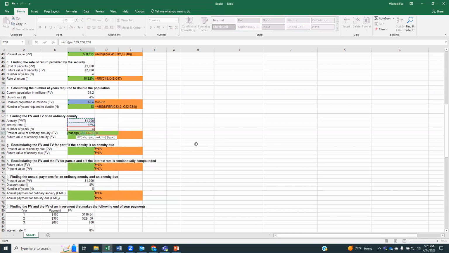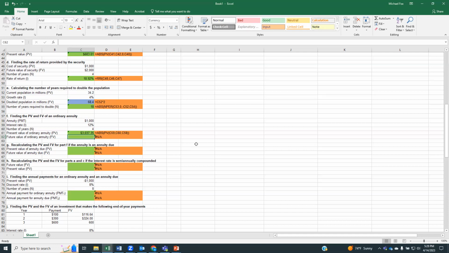So what this means is $1,000 per year for the next 4 years. In today, because we know at the end of 4 years, that's going to be worth more money than it is today. Okay, but in today's dollars, that'd be worth $3,037.